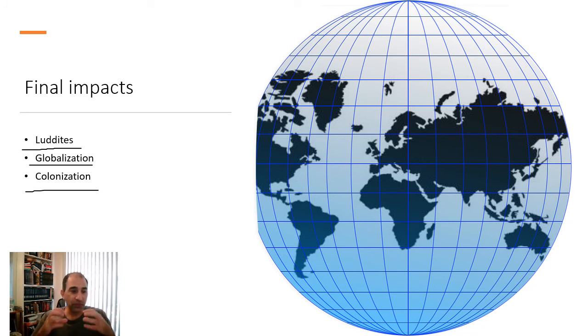Because if you've created all of these new things, you want to sell them. Where is there a lot of people? In Asia. And so you want to be able to sell all these to all the various countries in Asia. So you're encouraged to colonize Asia. There are other reasons why colonization happens, right? That's why we're going to do a whole separate lecture on it. But definitely one of the impacts of the Industrial Revolution is colonization.